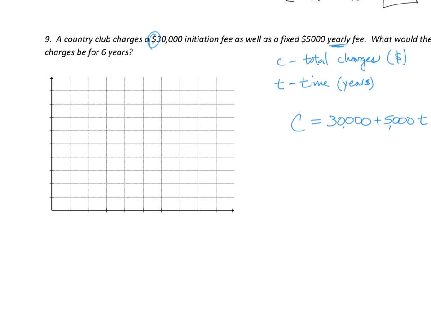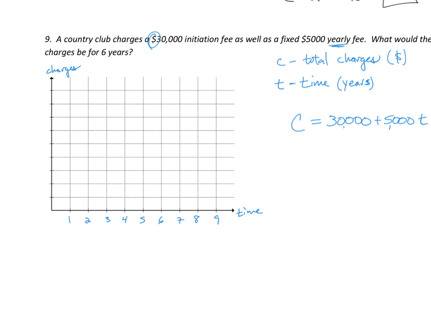So here we have charges and here we have time. And we can make the time go all the way over 1, 2, 3, 4, 5, 6, 7, 8, 9. We don't need to stop at 6, even though it's telling us to stop at 6.